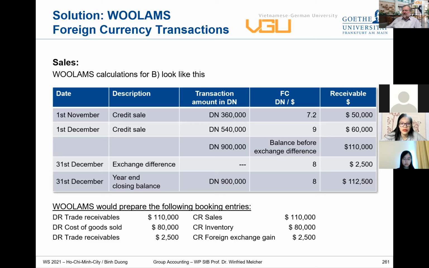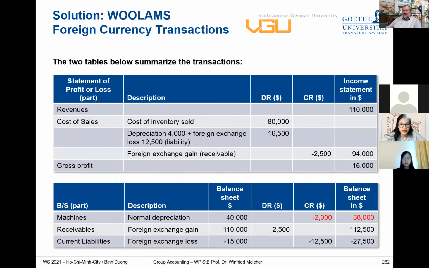No questions? Okay. Well, then let's summarize what we have seen in these two tables that we prepared. Well, we first show revenues of 110. All items are in dollar because that refers to our functional currency bookkeeping.